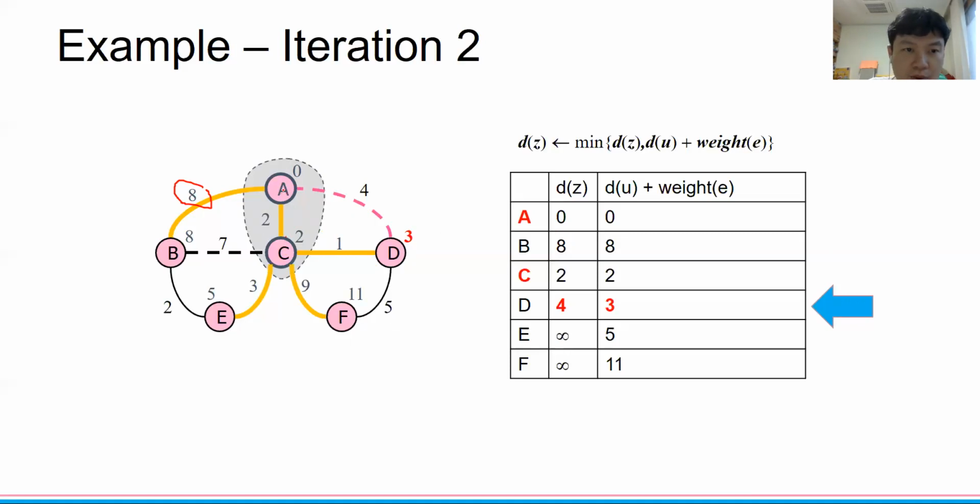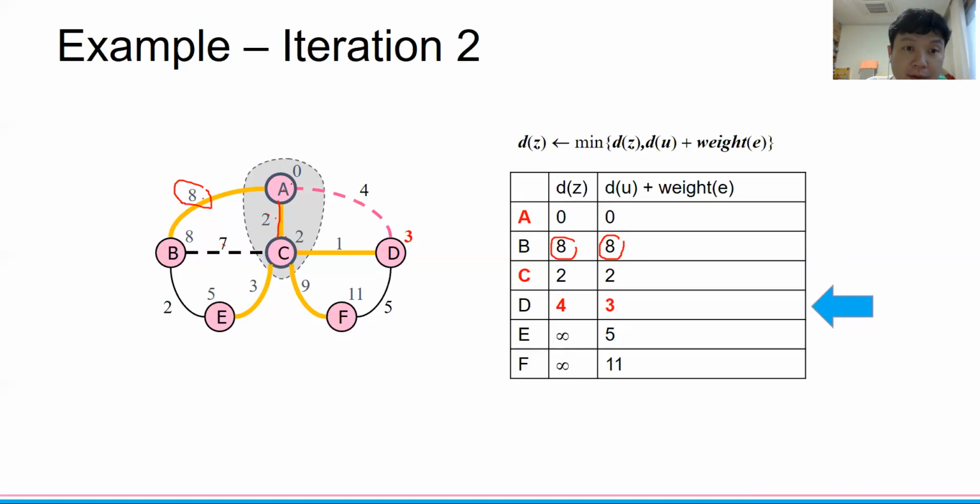And if we go from A to B via C, we have 2 plus 7. So 8 and 2 plus 7, which is the minimum? Of course, 8. Actually I need to put this one as 9, but the result is 8, so we will just keep 8.